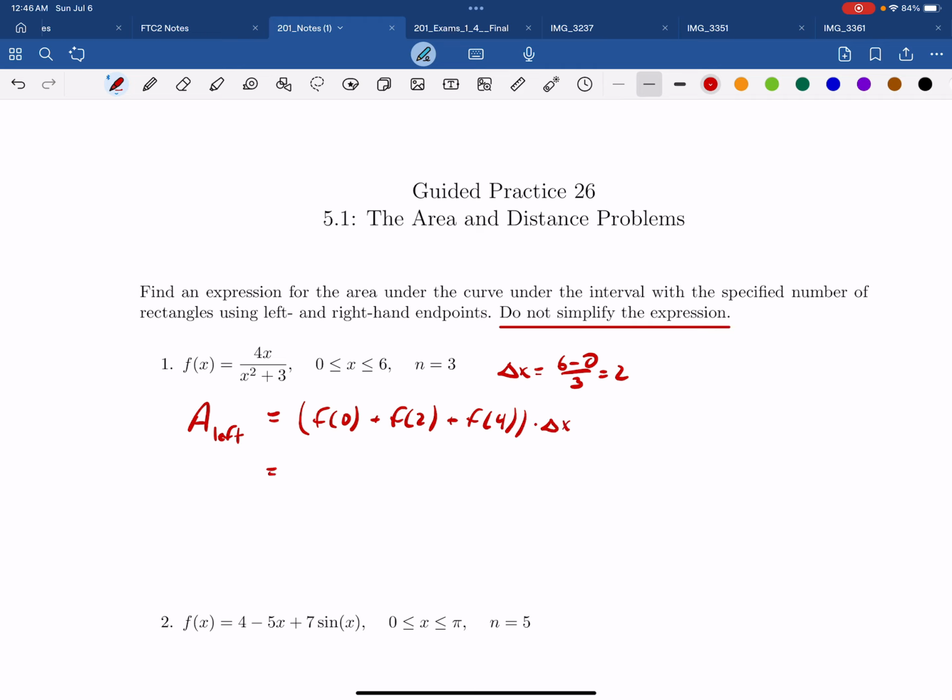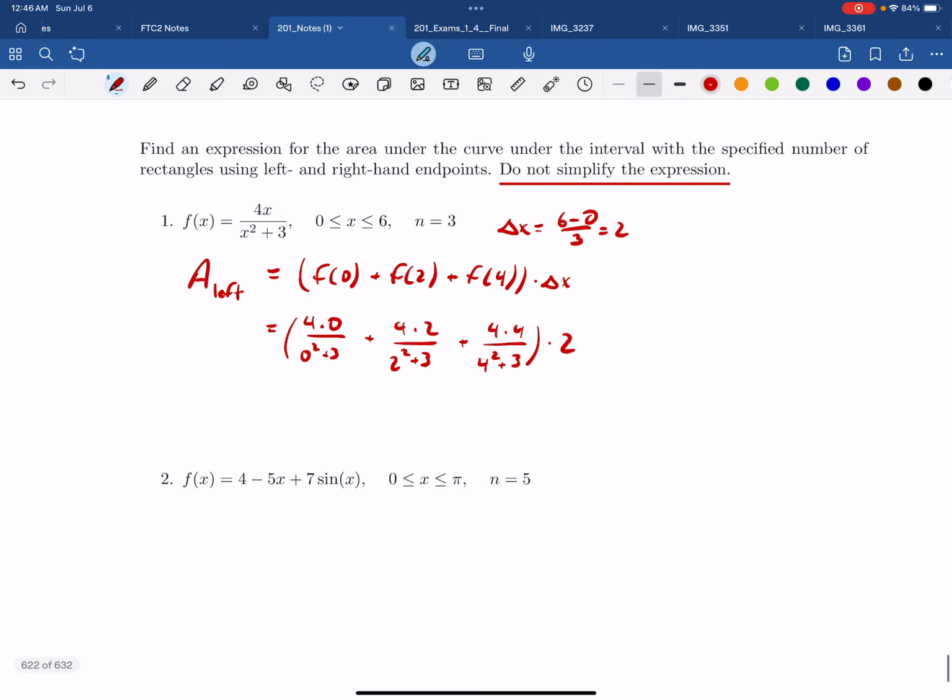This is going to be 4 times 0 over 0 squared plus 3 plus 4 times 2 over 2 squared plus 3 plus 4 times 4 over 4 squared plus 3, times 2. And we don't need to simplify that. We could, and it actually wouldn't be all that bad, but we're not going to do it. It would be kind of gross. I don't want to add fractions.